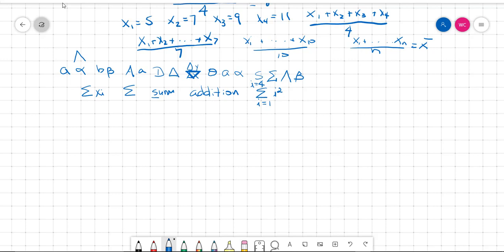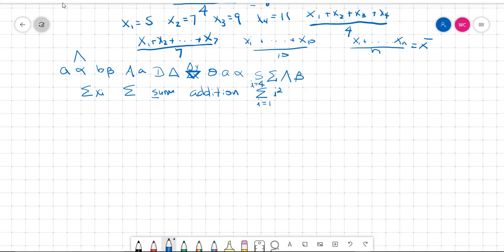Sometimes we might leave out the i altogether if we're super lazy. So what does this mean? All it means is that you put i equals 1 into here, then you put i equals 2, then i equals 3, then i equals 4, and you stop there because this is the last one.